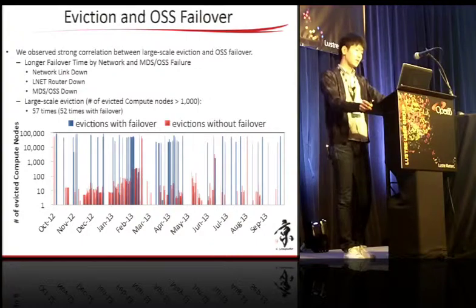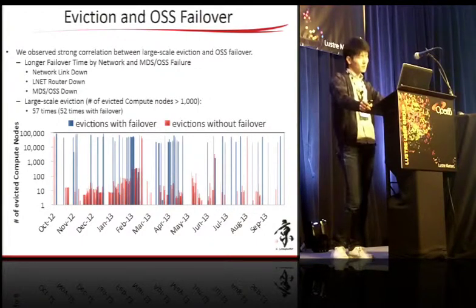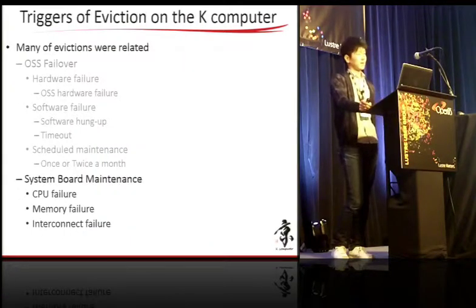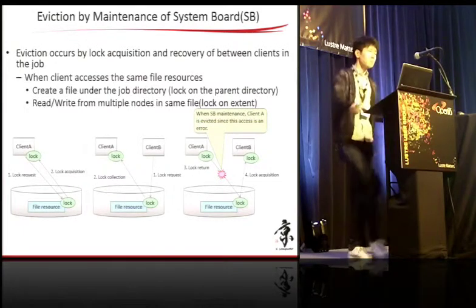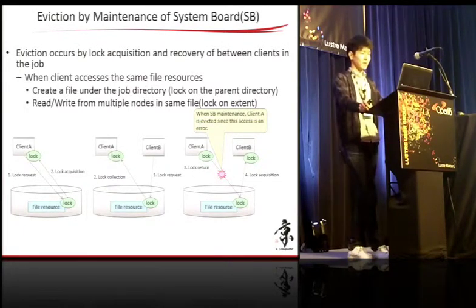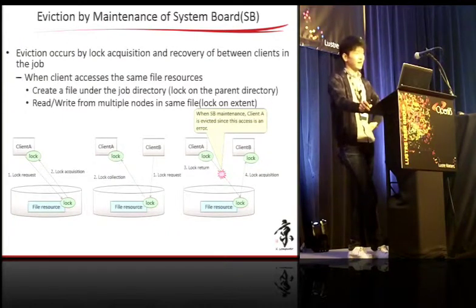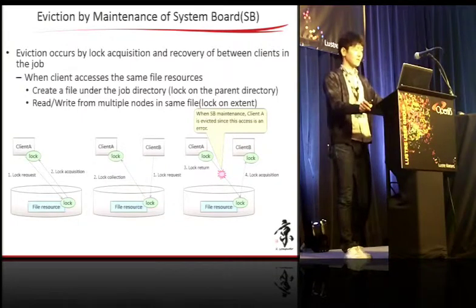Next, I'd like to focus on evictions without failover. That is system board maintenance. Eviction occurs by lock acquisition and recovery between clients in the job. When clients access the same file resource, creating a file under the job directory, parent directory is locked.